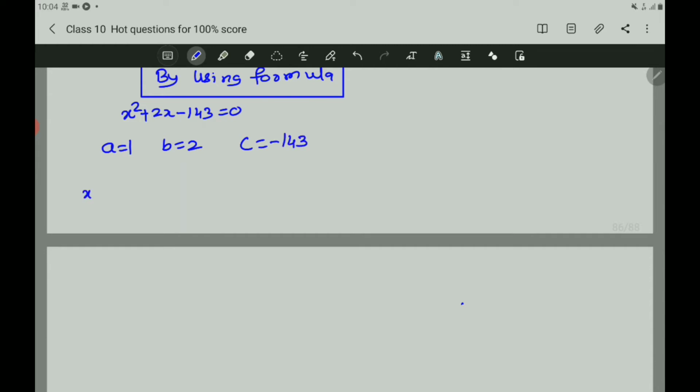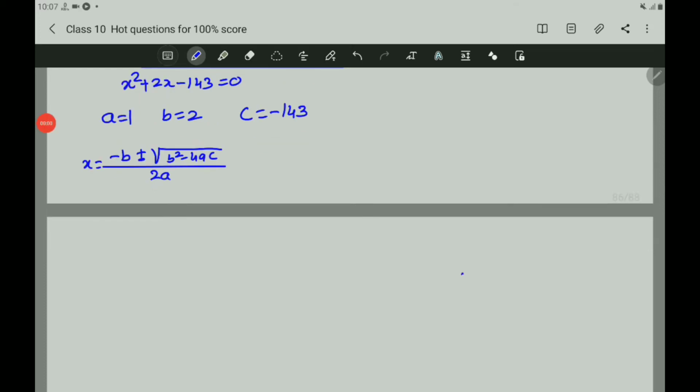Then you write the formula: x equals minus b plus or minus root of b square minus 4ac, by 2a. Then you write x equals minus b, in the place of b you write 2, so minus 2 plus or minus.